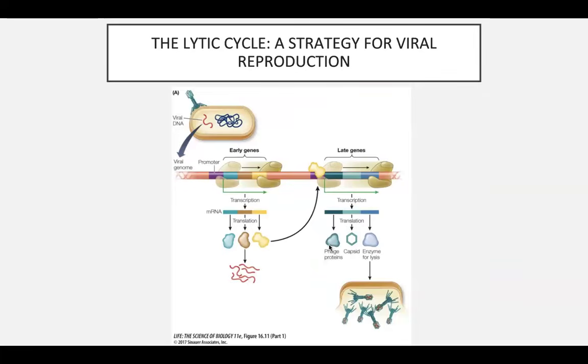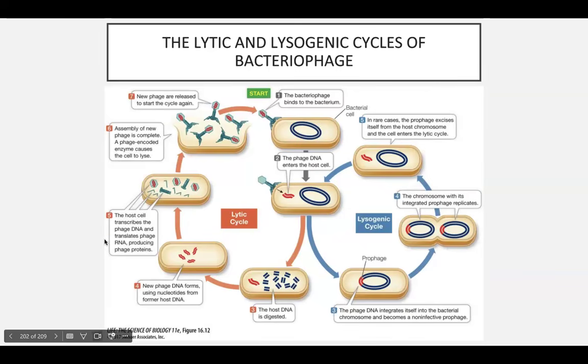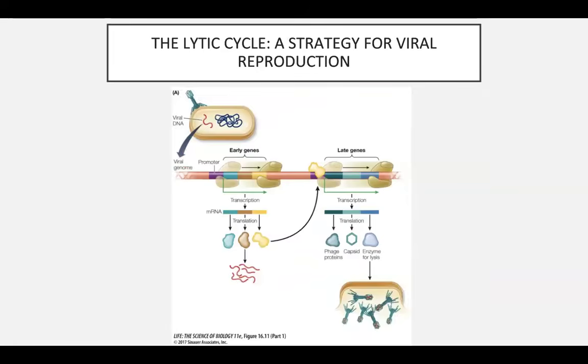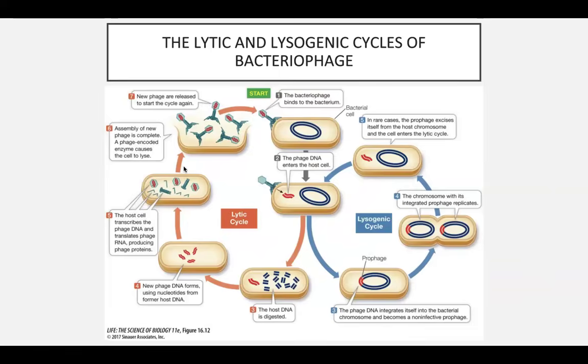As you see here, it's producing the proteins, capsids, etc., to produce more virions. As it produces more virions, assembly of the phage is complete, and the enzymes for lysis come in and help break apart that cell. As it breaks apart that cell, new phages are released to eventually start the cycle again.